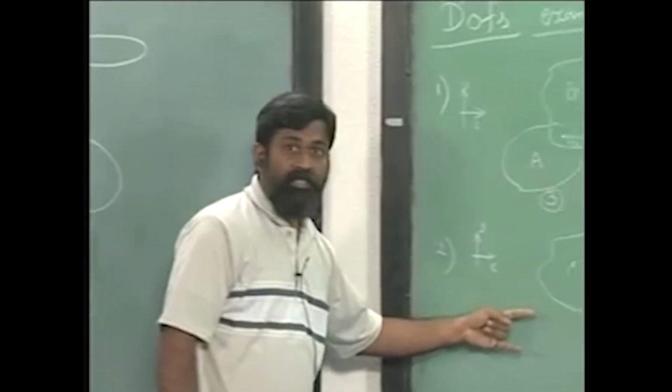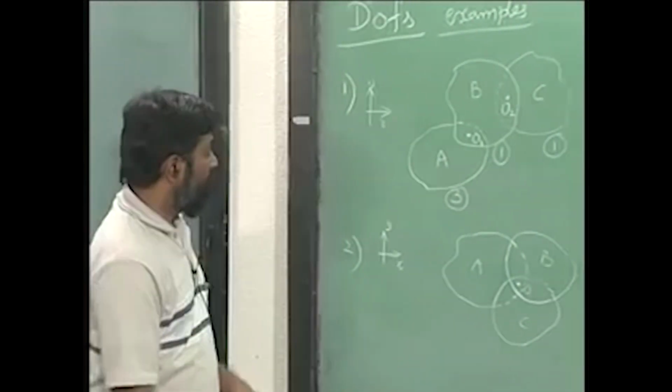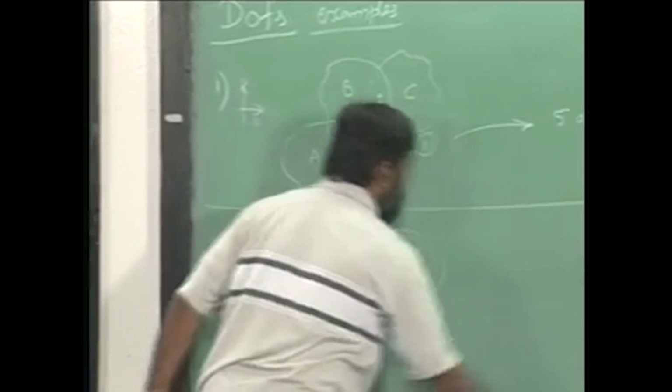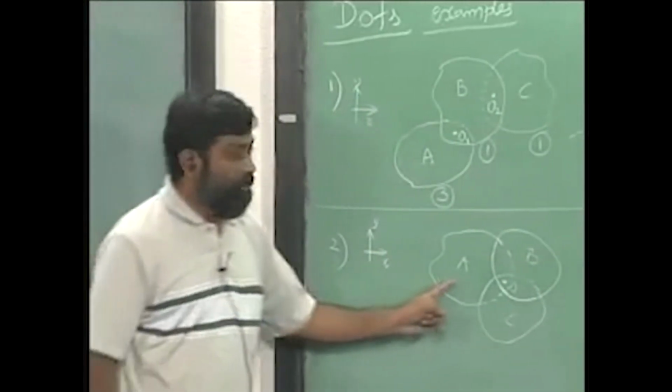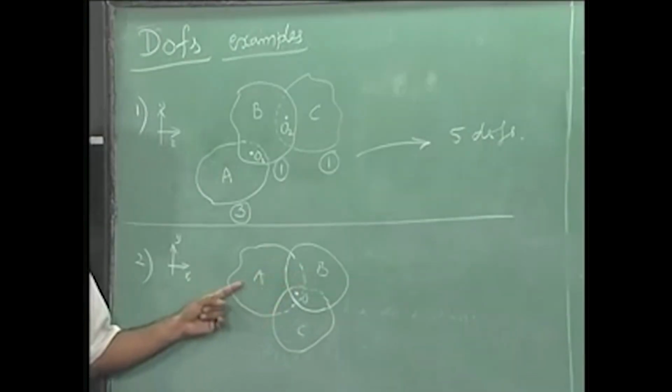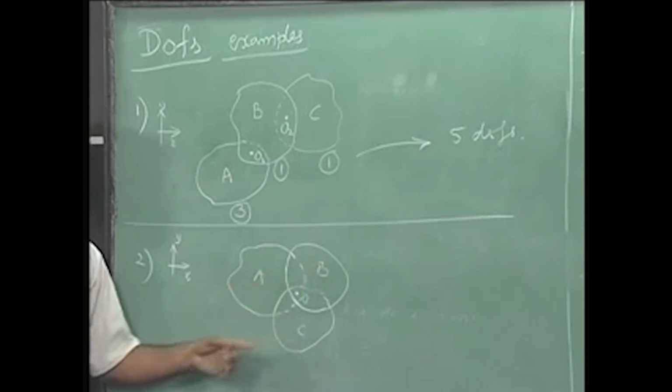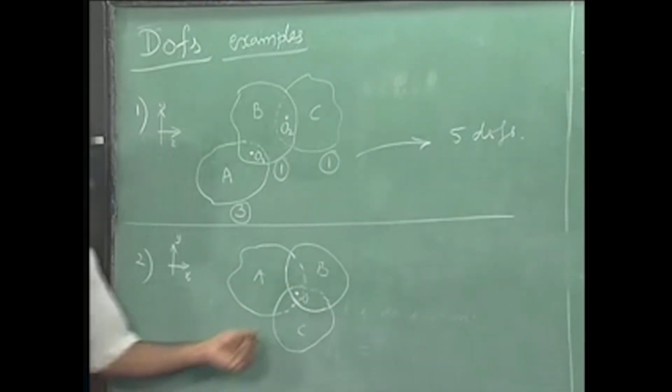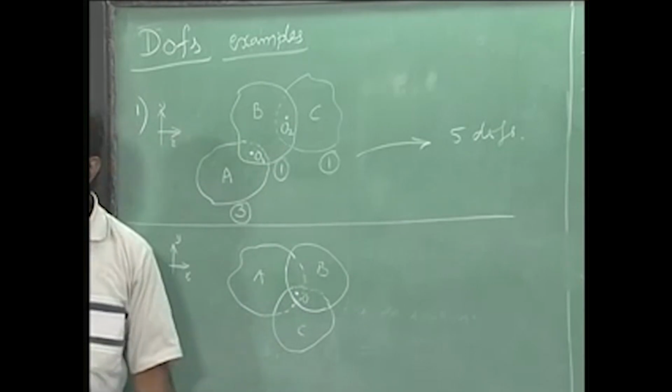Now let us look at the second problem. This is clear to us. If I use the method of saying that each one of these bodies will have 3 degrees of freedom, and if we look at the constraint, then we can answer the question.